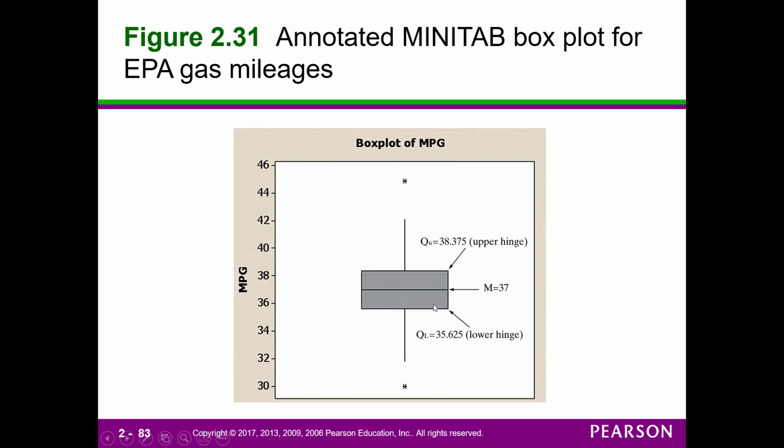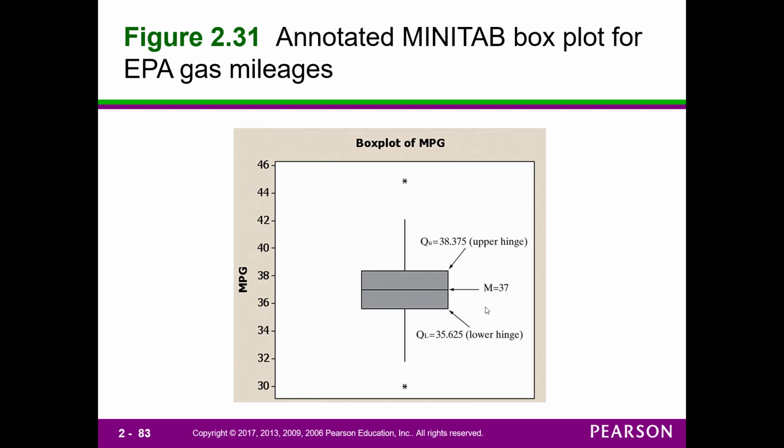Thus, the interquartile range equals 38.375 minus 35.625, which equals 2.75. The median is shown at 37 by a horizontal line within the box.